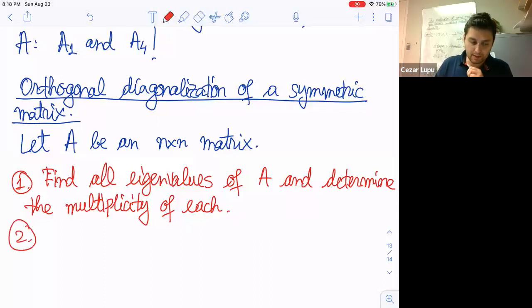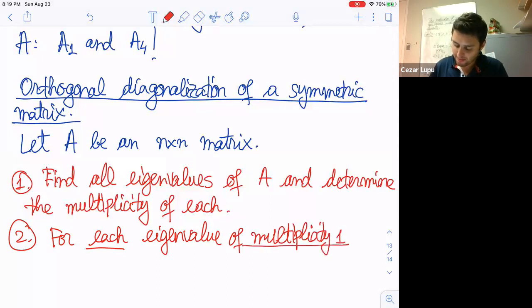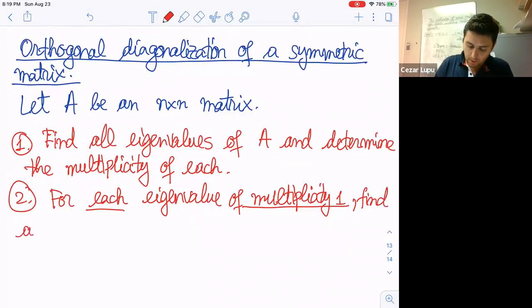The second step is, for each eigenvalue of multiplicity 1, find a unit eigenvector.